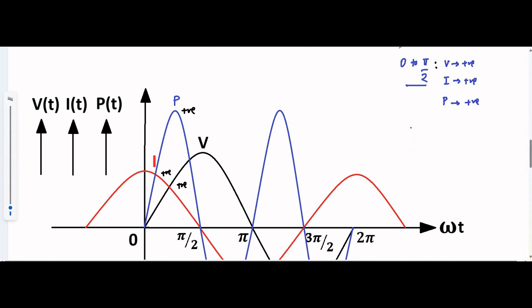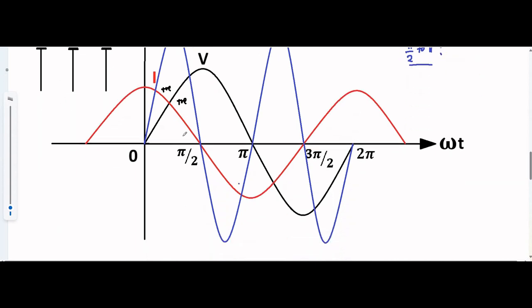Then from pi by 2 to pi, voltage is positive, but current is negative, the red one. So positive into negative, the product of voltage and current, results in a negative power.